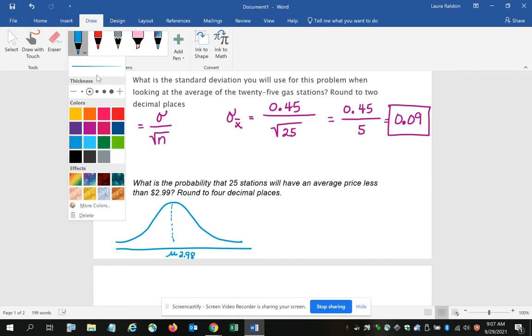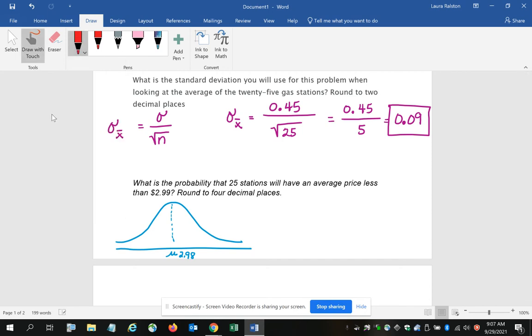Then it tells me we want to know the probability that it is less than $2.99. So common sense tells me that $2.99, and I'm going to write it up here on the top, would be slightly to the right of the mean, and I want to be less than that. So what I'm actually looking for from a visual perspective is this red shaded region.